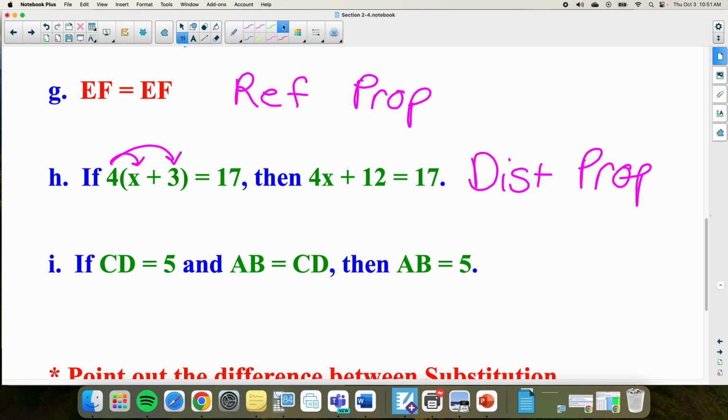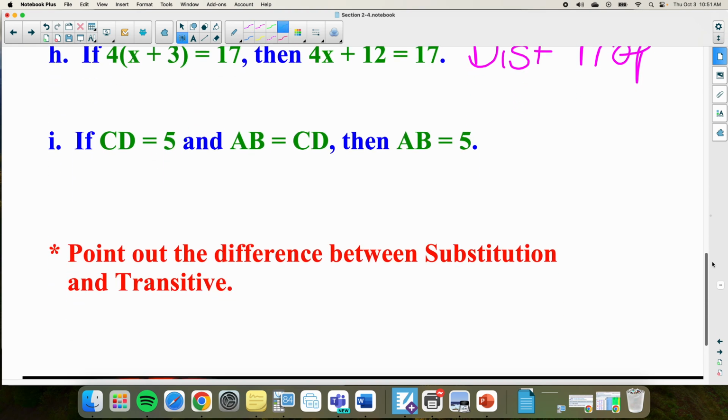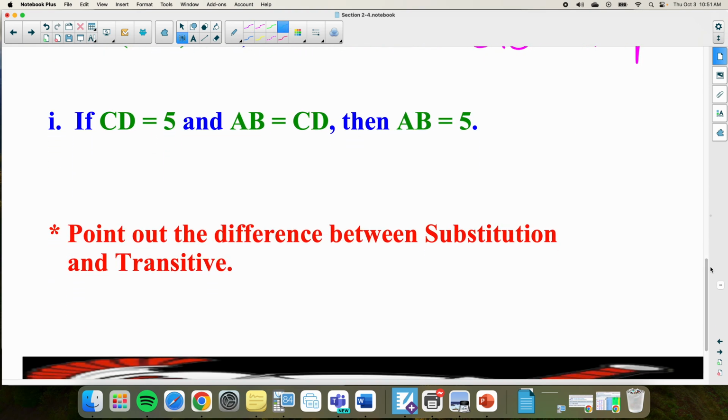Okay, and then what if I go to that last one? It has 3 equal signs. Whenever you see 3 equal signs, it's either transitive or substitution. Is this transitive? Substitution. Yeah, it's not transitive because these two are not the same.